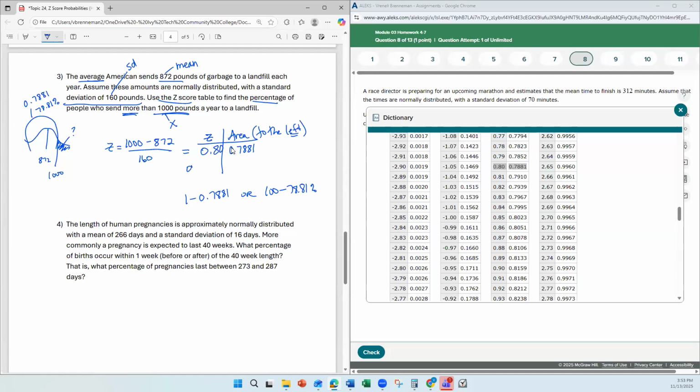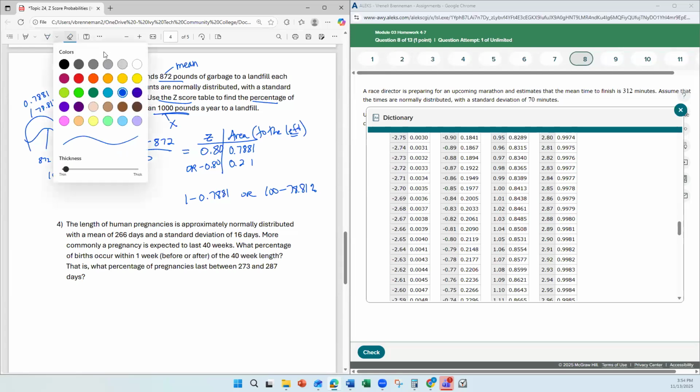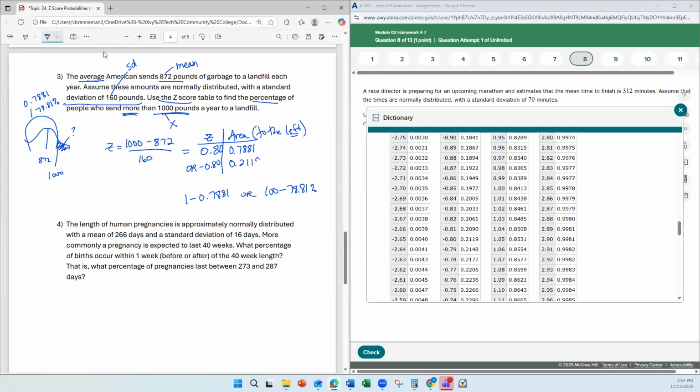Or I could look up negative 0.80, and that will give me directly what I would get from subtracting: 0.2119. Look down. 2119. So either way, it's 21.19%.